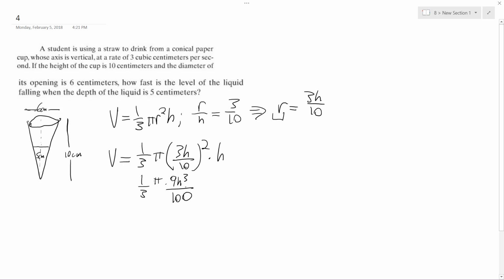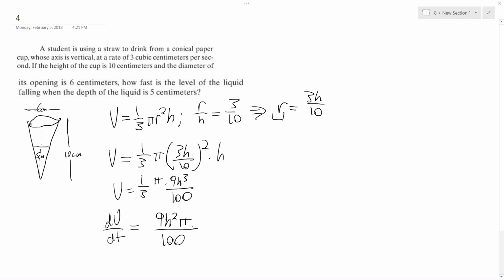All right, so if we take the derivative, dv dt, and then dh dt on both sides, so we get dv dt, so the volume with respect to time, and then 9h. If we take the derivative of that, it pretty much cancels out the 1/3, so we end up with 9h squared pi all over 100, because this 3 came down, it canceled out that 1/3.